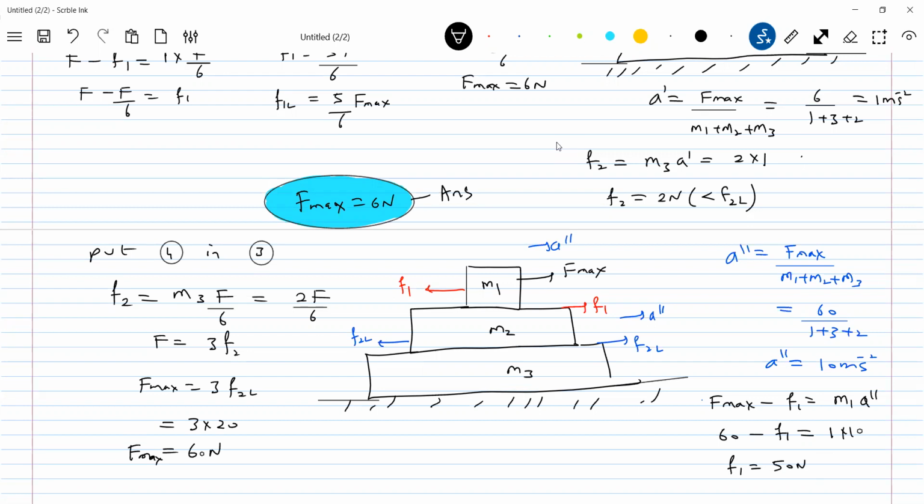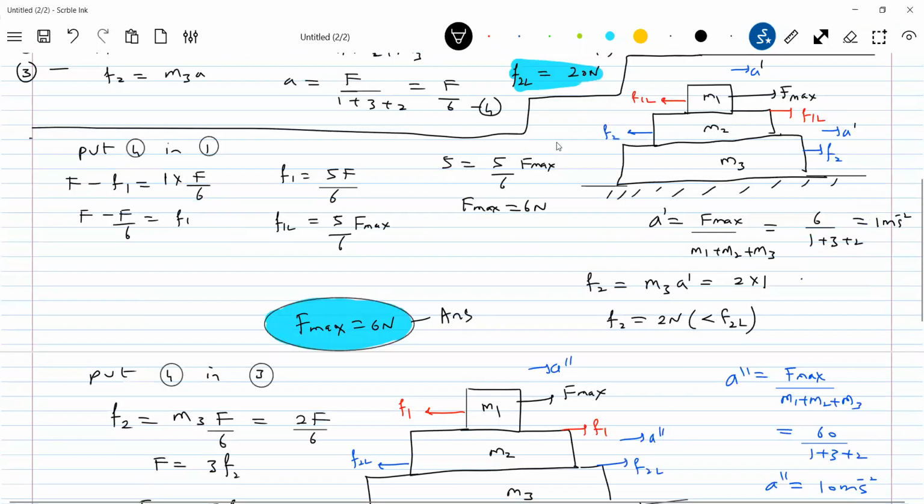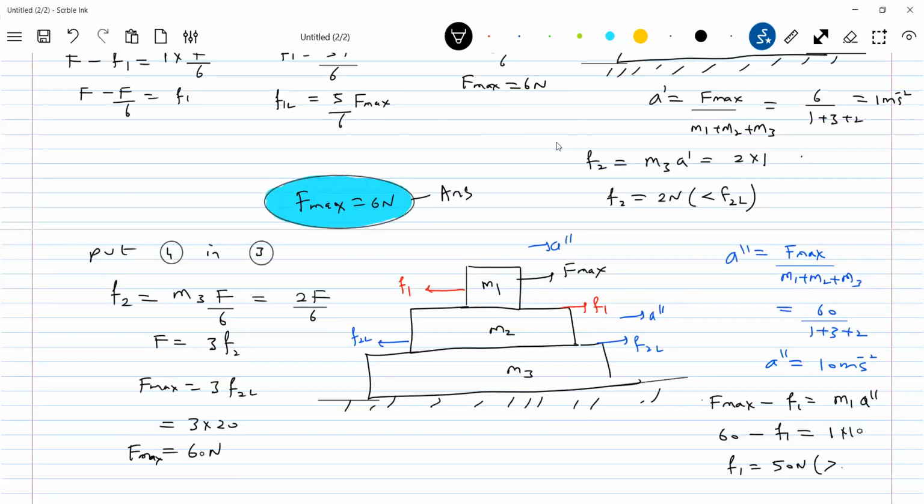But what is the maximum permitted value of F1L? 5 Newton, no? Is it possible? Can friction be greater than limiting friction? Not possible, no? So therefore, not possible. What went wrong?